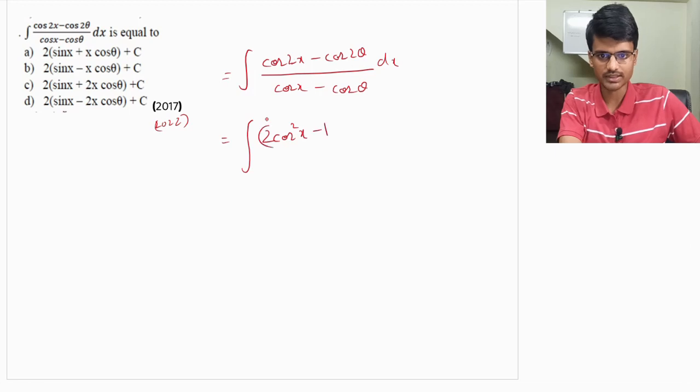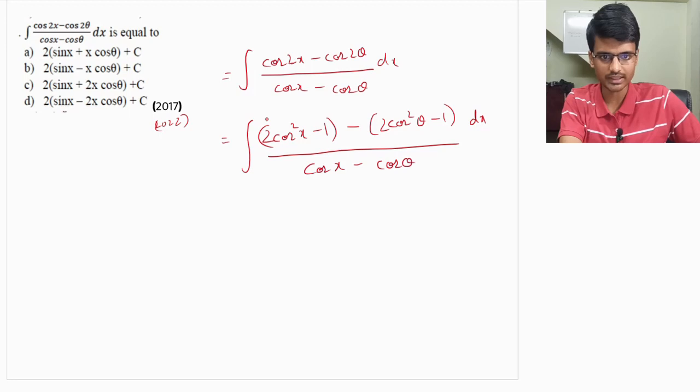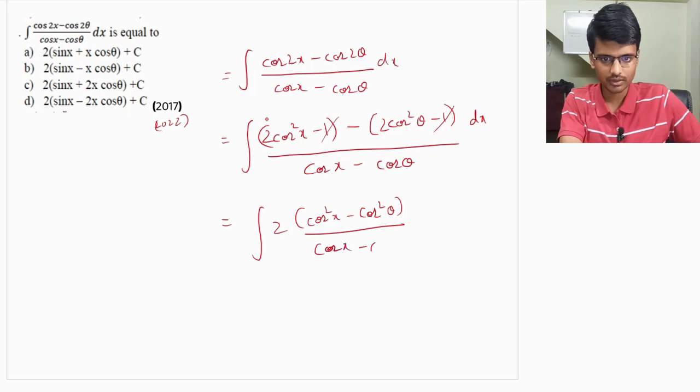Standard definition of cos 2x. I can write cos 2 theta as 2 cos square theta minus 1. We are integrating it with respect to dx. So what I am doing is I am trying to get the terms in terms of x and theta. I can write 2 cos square x, 1 gets cancelled here, 1 gets cancelled, so I am left with 2 cos square x minus cos square theta divided by cos x minus cos theta.